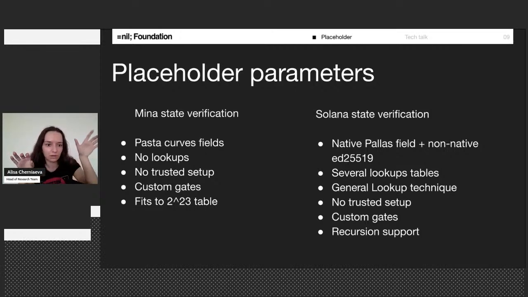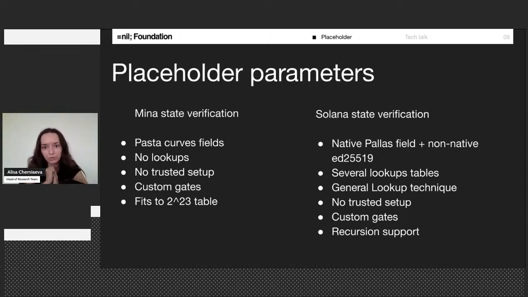The first one would be on the Pallas field, and the second one on the Vesta field. Pallas and Vesta are the pasta curves. We don't need any lookups. We don't need trusted setup. And as you can see in the source code, there are no repeatable calculations, so we need to use custom PLONK gates. And we don't need any recursion because it fits into a 2 to the power 23 table, so it would be just one table.